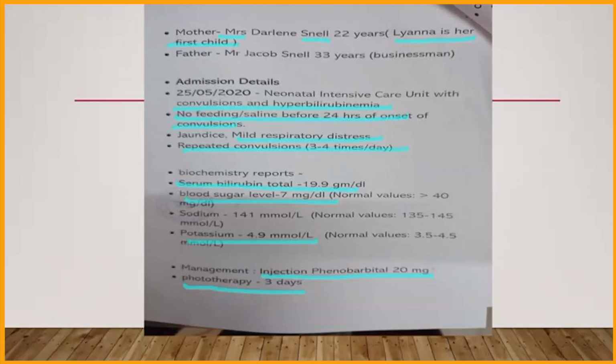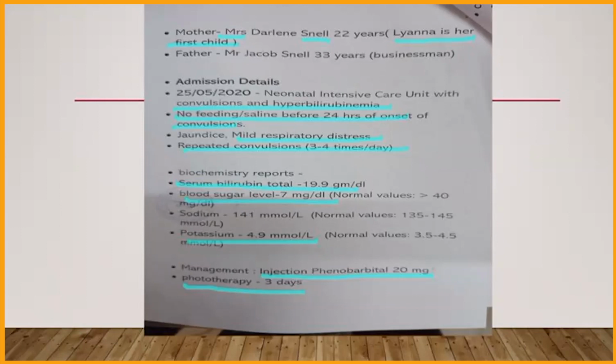Liana was admitted to hospital on 25 May 2020 with complaints of repeated convulsions along with mild respiratory distress. It was revealed that no feeding or saline were initiated 24 hours before the onset of convulsions. Blood investigation reports were deranged.